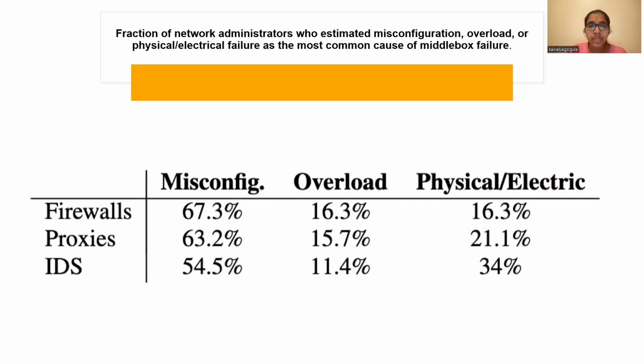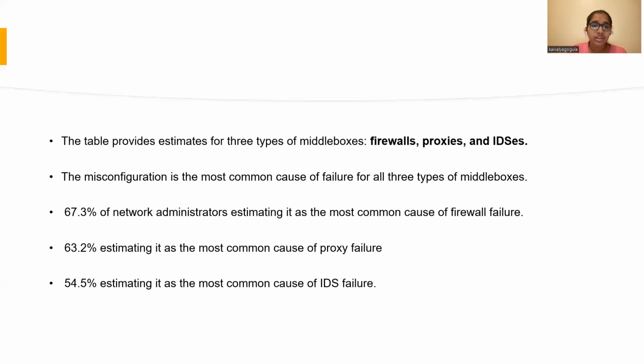Next, here is a table for the common causes of middle box failure. The most common factors are misconfiguration, overload, and physical and electrical failures. In the table, there are three types of middle boxes: firewalls, proxies, and IDSs, and three types of failure: misconfiguration, overload, and physical and electrical problems.